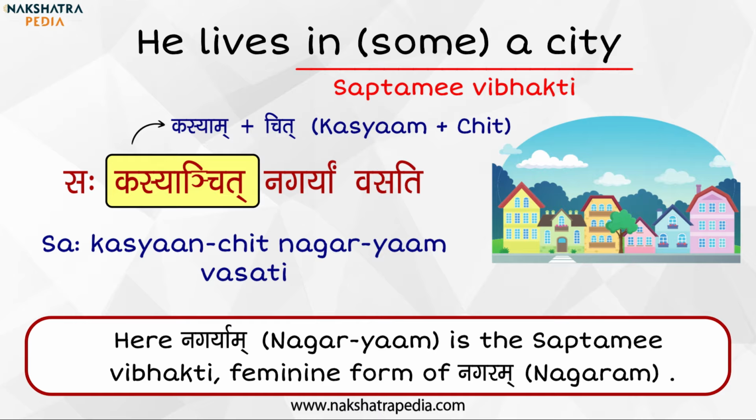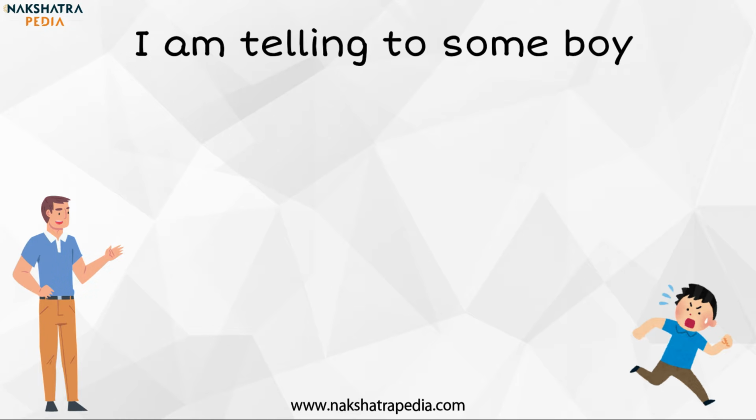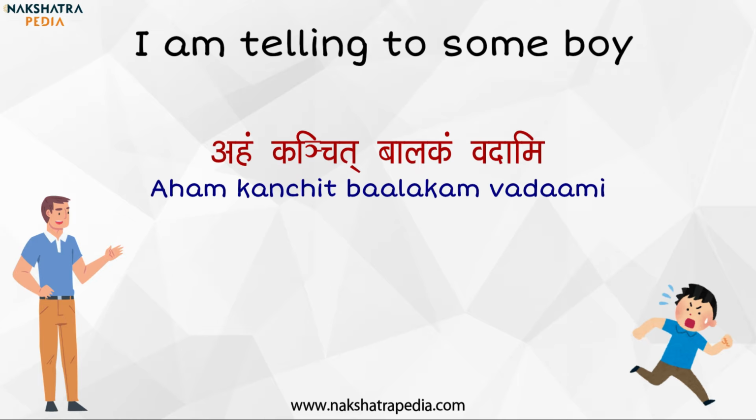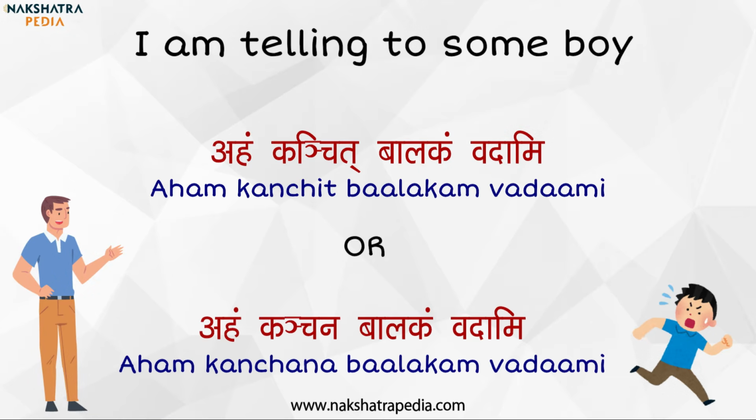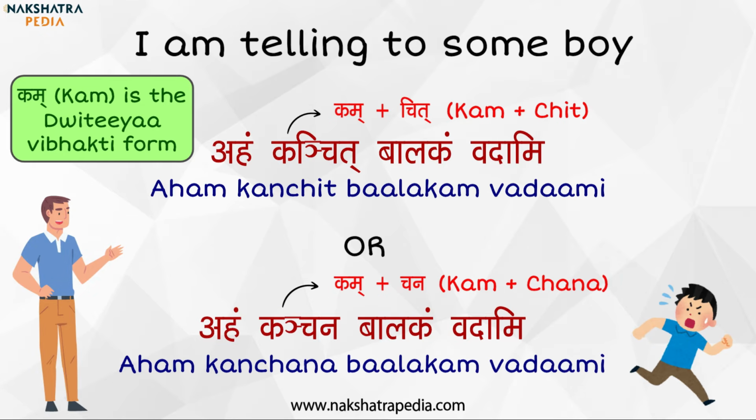This was the Saptami Vibhakti example. Now if the sentence was I am telling to some boy, then the Samskrutam will be Aham kanchit balakam vadami or Aham kanchana balakam vadami, because the Dvitiya Vibhakti form is kam, and kam plus chit or chana makes kanchit or kanchana.